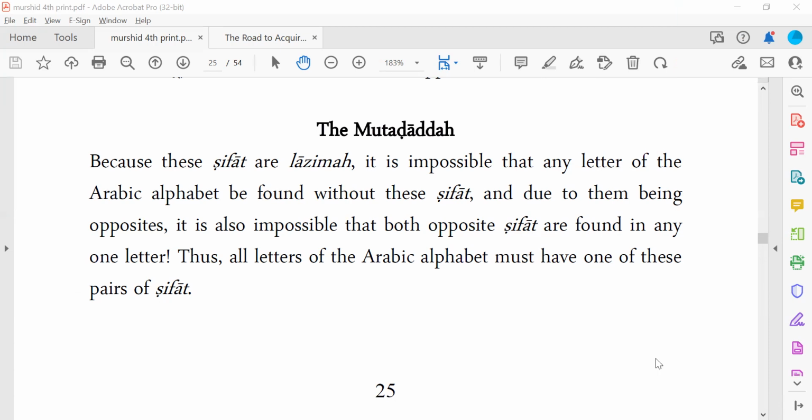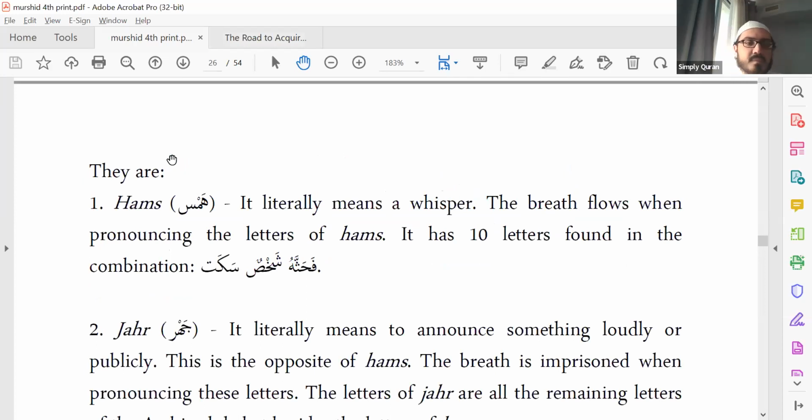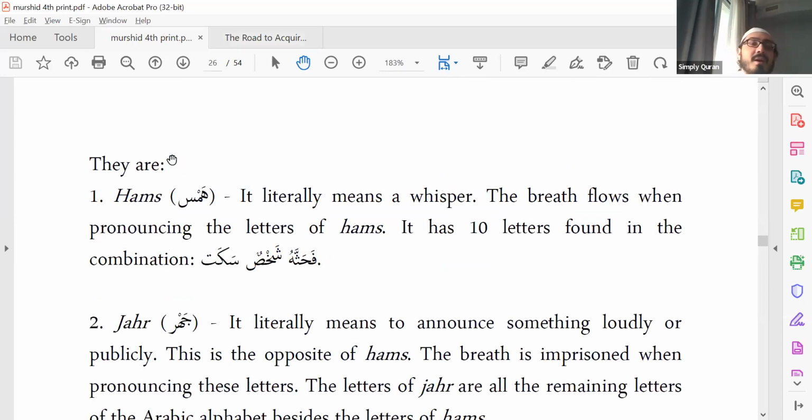Okay, let's move down here now. So now what are we studying again, just to know? We're studying Tajweed, obviously. But what are we studying in Tajweed? So we've covered studying Sifat, thank you. And what are we studying in Sifat? Are we studying those qualities which are permanent or those which are circumstantial?